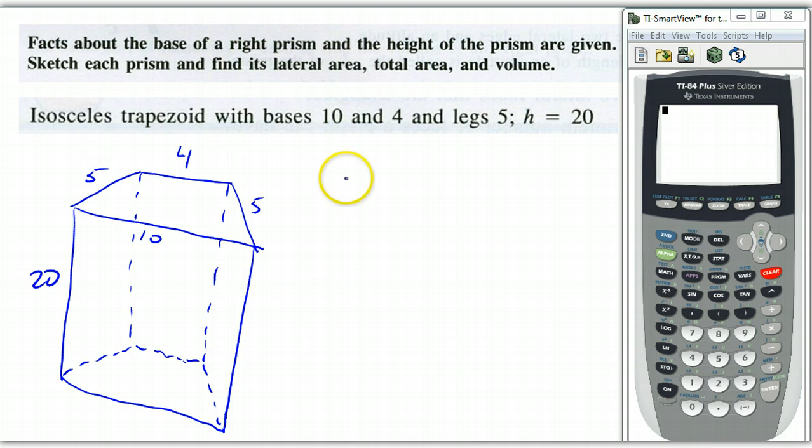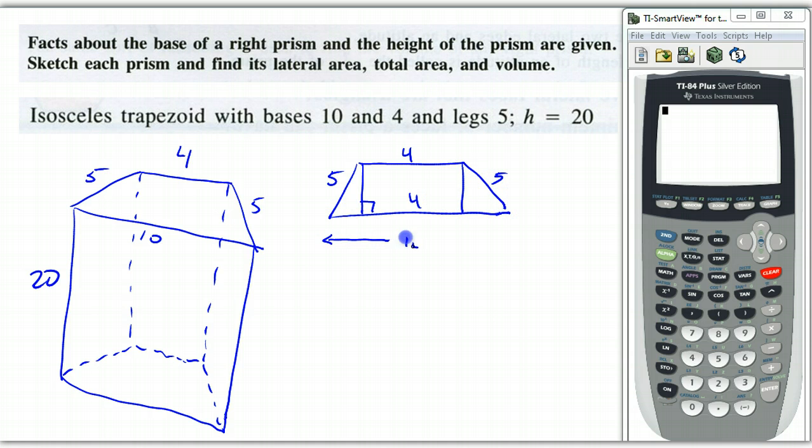Well, we'd better get the area of the base, okay guys? So, obviously not drawn to scale. That's 5, that's 4, that's 4, and that's 5. And if this whole thing here is 10, and this middle piece is 4, that leaves me 6 left over for these other end pieces.